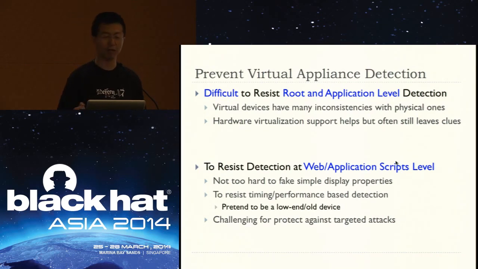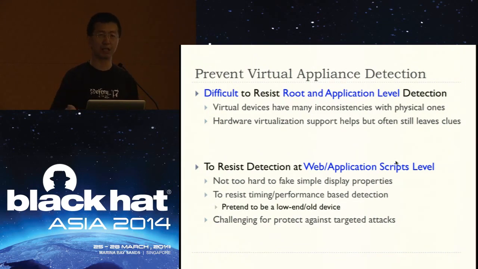Because it's so hard to make the physical and virtual look the same, even if you have lots of hardware virtualization to support this. Now, if you want to limit the scope, say the virtual appliance only supports web script or application-level script, it's possible to hide lots of the VM-specific information, but timing and performance-wise, that type of detection is relatively harder to defeat.